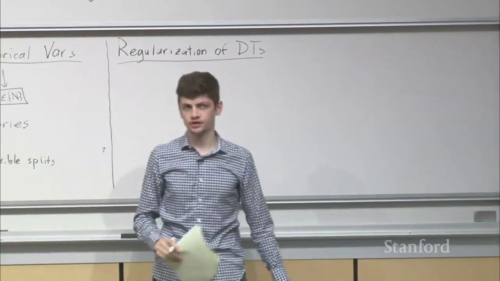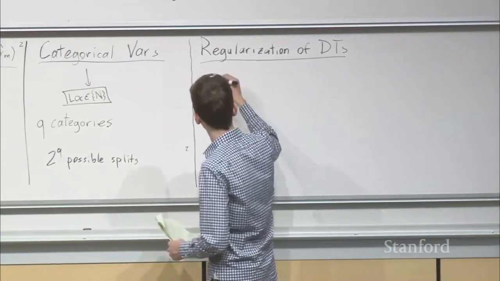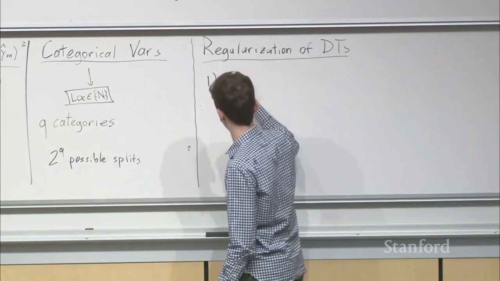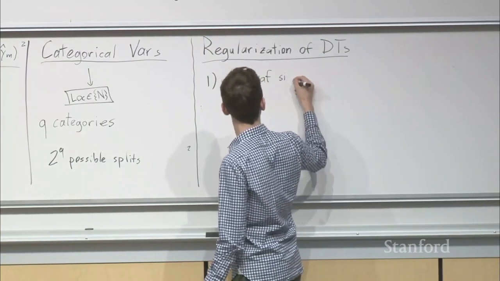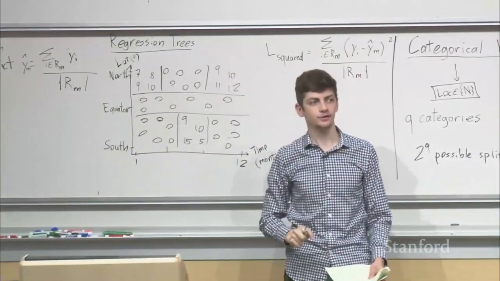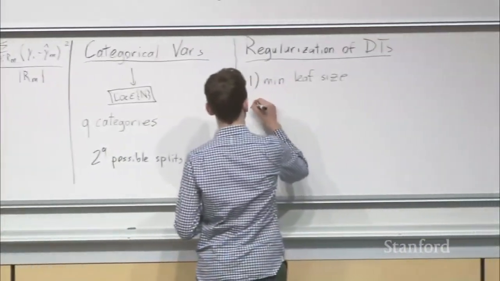And generally how people have solved this problem is through a number of heuristics, okay? So one such heuristic is that if you hit a certain minimum leaf size, you stop splitting that leaf, okay? So for example, in this case, if you only have 4 examples left in this leaf, then you just stop. Another one is you can enforce a maximum depth.